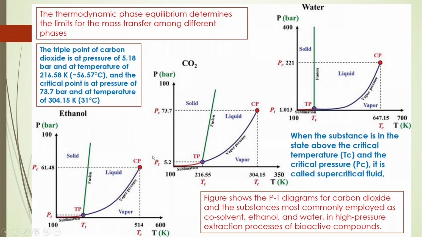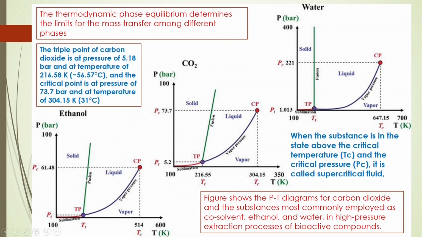Whereas for ethanol, you will see in this diagram, pressure versus temperature, that this is the critical condition at which ethanol can be a liquid as well as a vapor, and above that it will be a solid, and sometimes above this critical condition it will be considered a supercritical fluid.